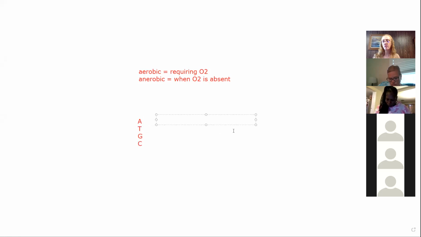Adenine base pairs with thymine. Thymine base pairs with adenine. Guanine base pairs with cytosine. And cytosine base pairs with guanine.